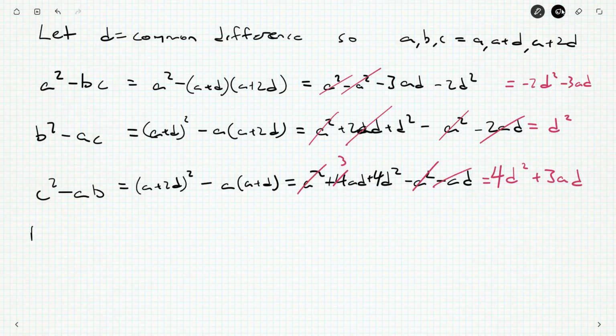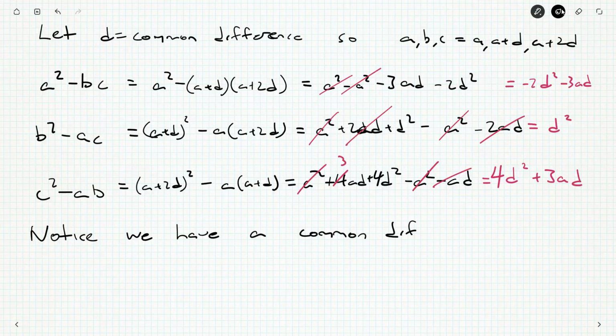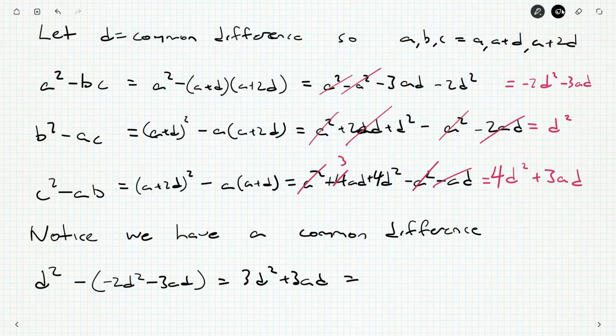Okay, and notice we have a common difference. So the D squared, the middle term, minus negative 2D squared minus 3AD is equal to 3D squared plus 3AD, and that's the difference of the last two as well.